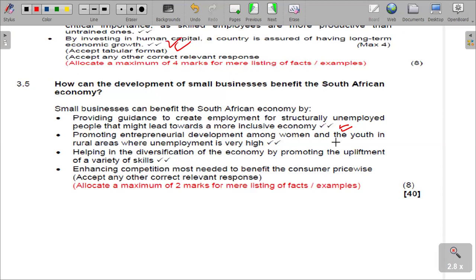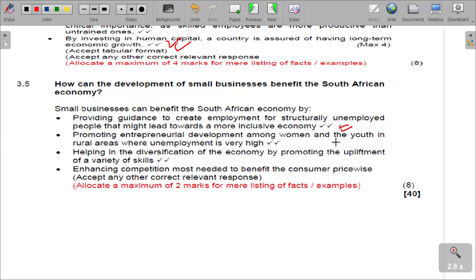Those small businesses help to empower our people with skills, especially in rural areas or in business centers which are not towns. Therefore people can also have skills that would enable them to survive.